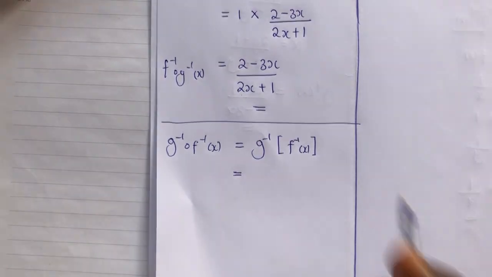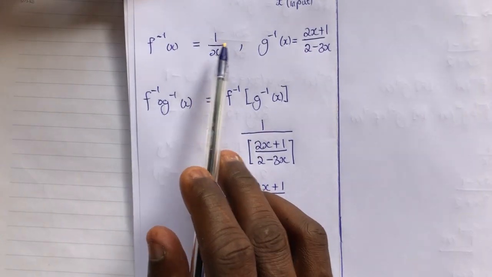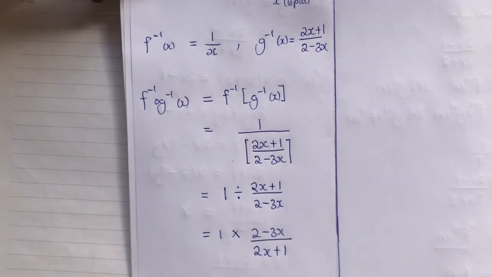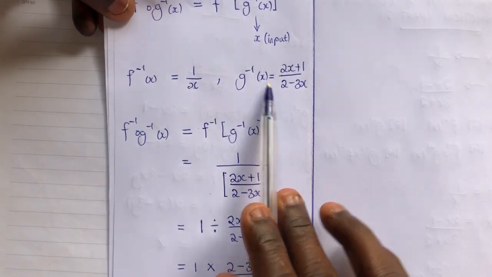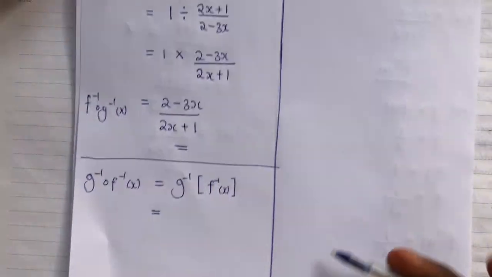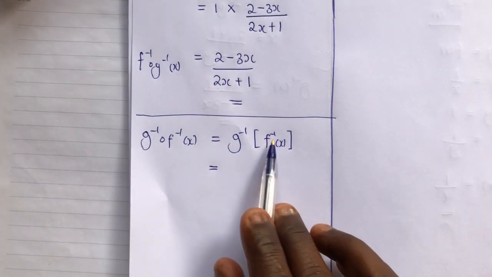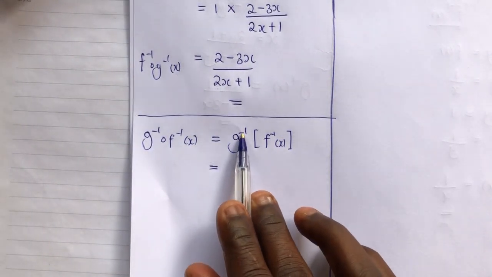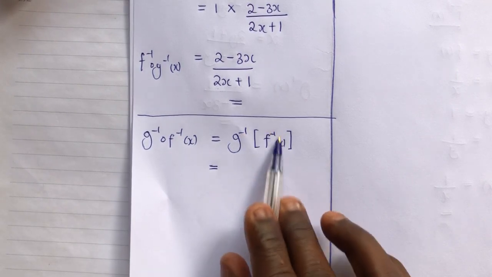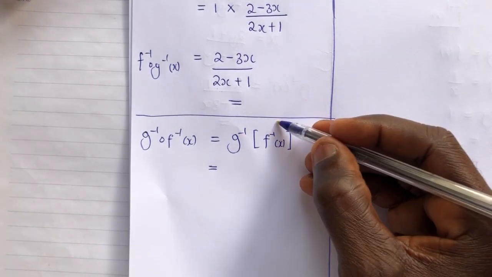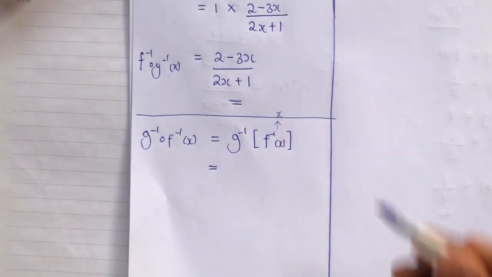So we know our outer function to be this and our inner function to be this. So wherever we see x in g inverse of x, we substitute f inverse of x, and we assume that everything here is x.